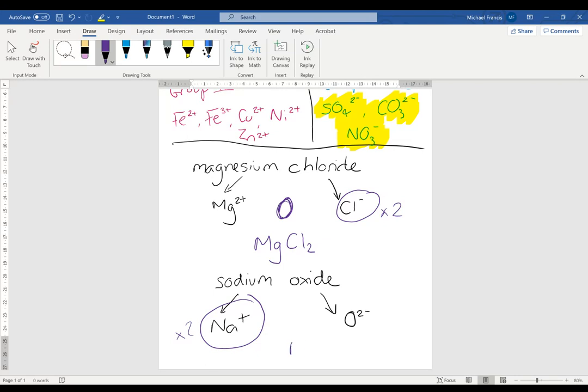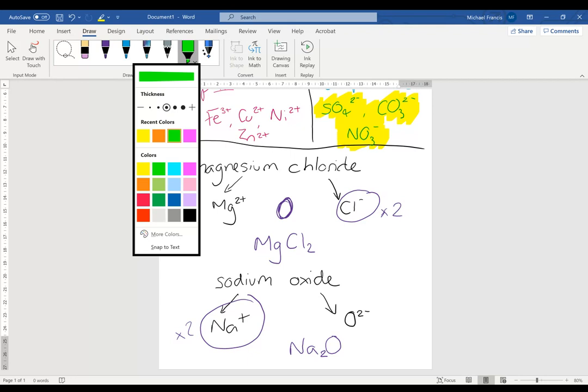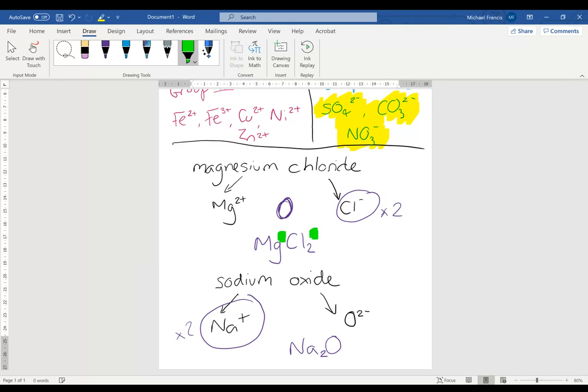So the formula is going to be Na2O, 2 sodiums, and 1 oxygen. Now notice I've not put any charges in here. I haven't put any minuses or any pluses because they've cancelled out. That was the whole point of me having 2 sodiums, is that those charges cancel and I don't need to write them in my formula.